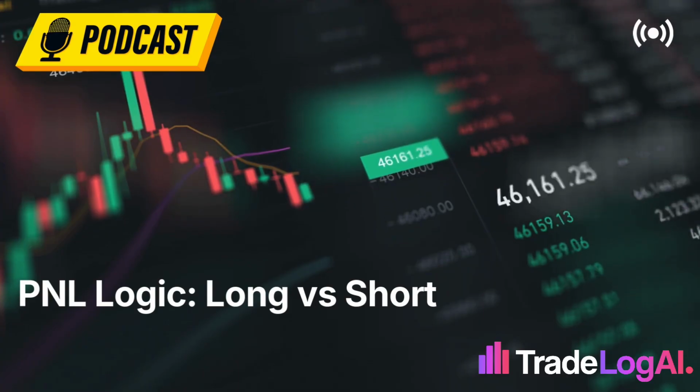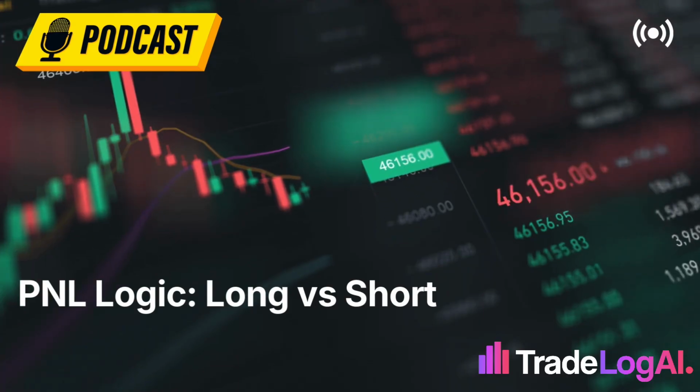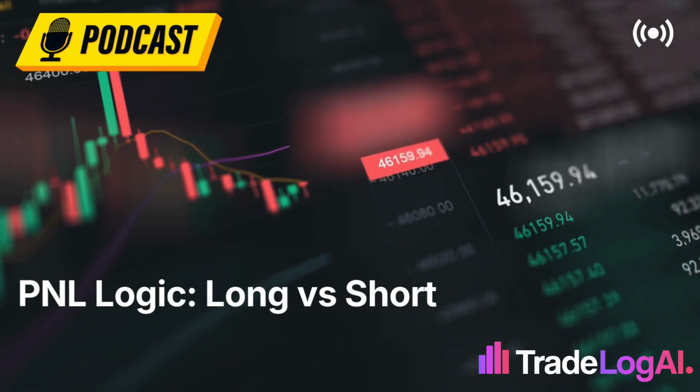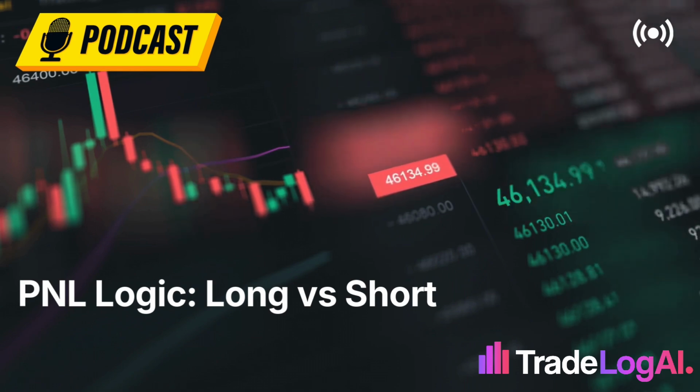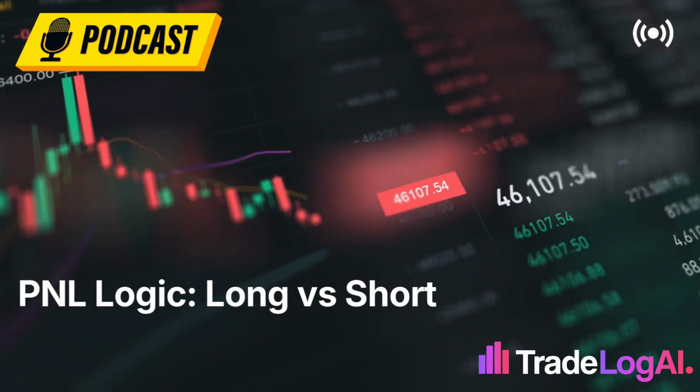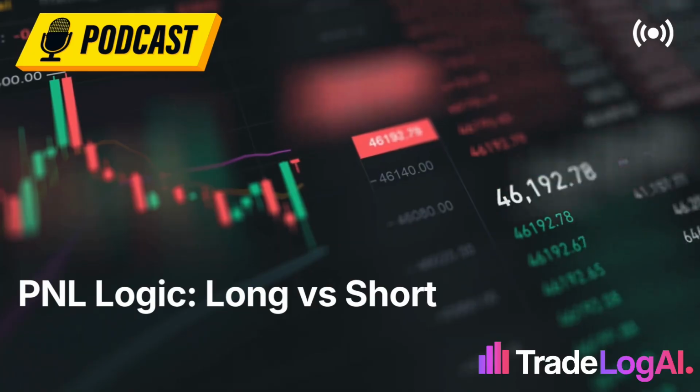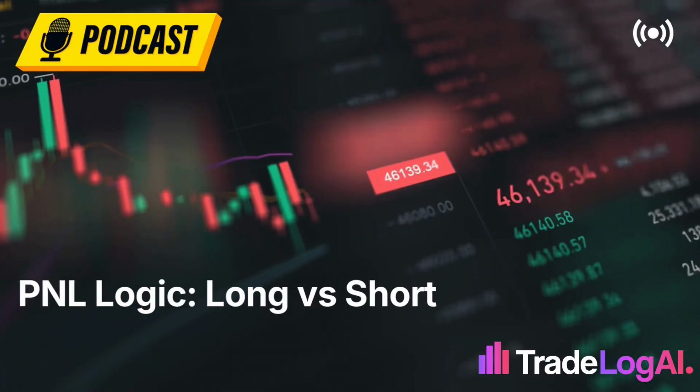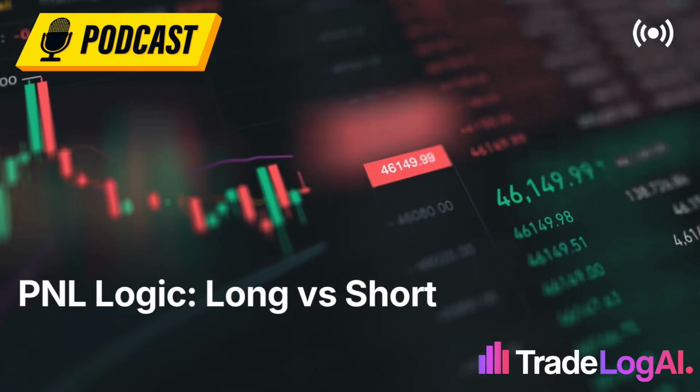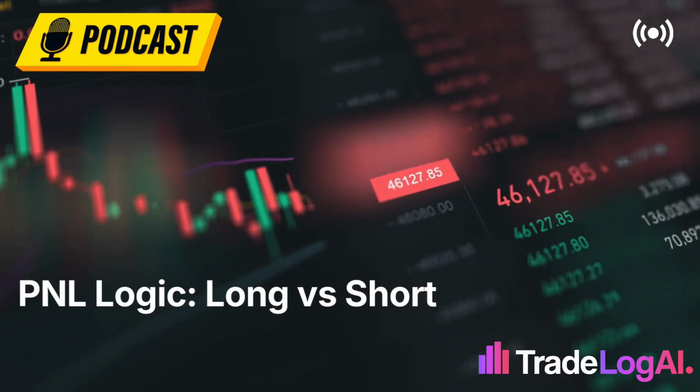This one's a bit more nuanced, the maintenance requirement trap. Yes, this is where beginners get really confused because they think the maintenance requirement is static. It's not. Risk number 3 is higher maintenance requirements. As you open larger and larger positions, the exchange requires you to maintain a higher percentage of margin.